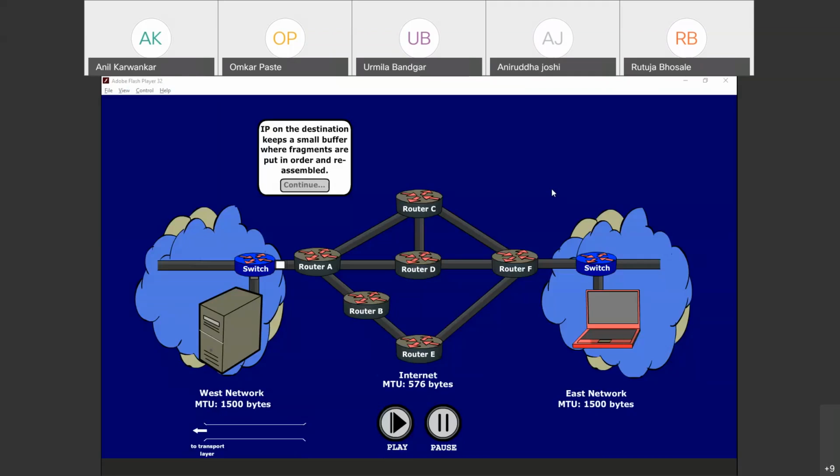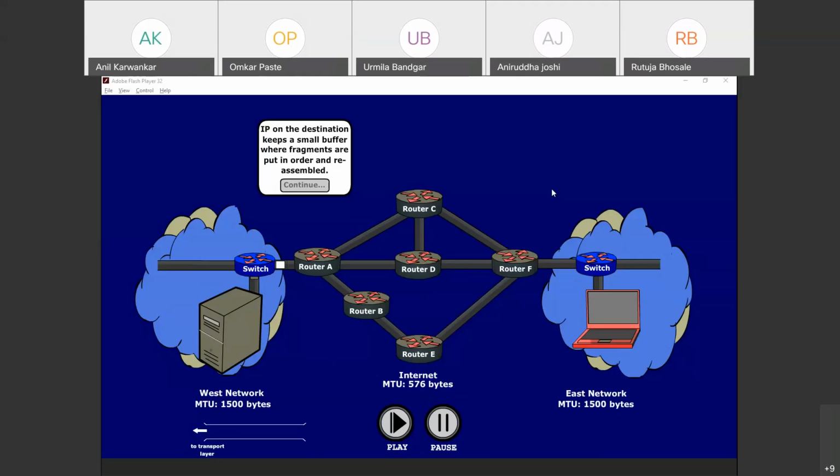Normally, once the path for the datagram is set, the consecutive packets may be divided into 3 different packets at router F itself, and the packet will propagate from the red switch to F to D to A to the switch and towards the west network.